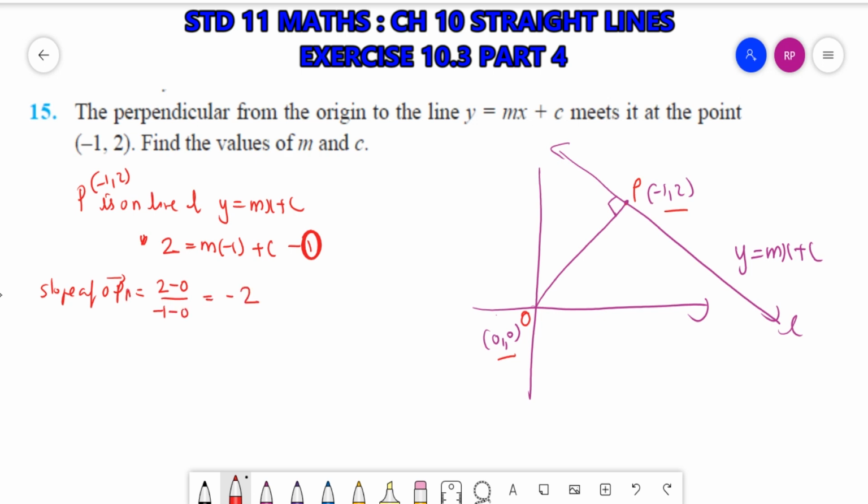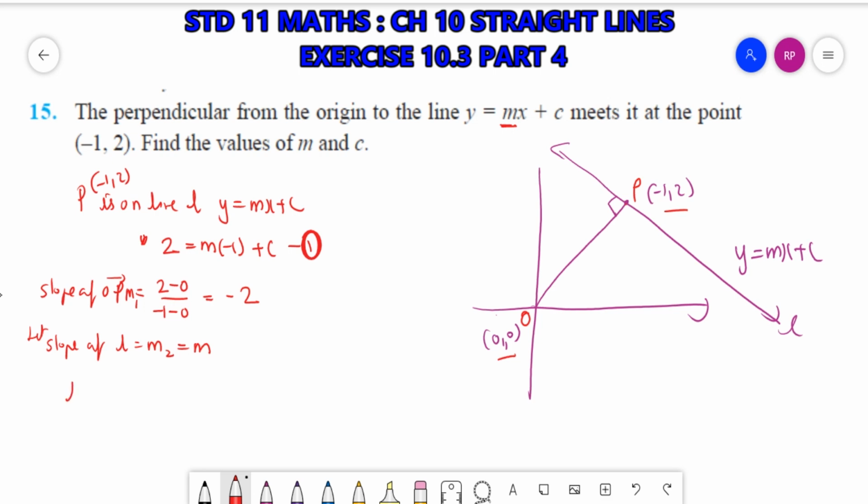Let's name this as m1. Now let slope of line L equal to m2, and that is equal to m, because from the equation y equal to mx plus c, m is the slope.